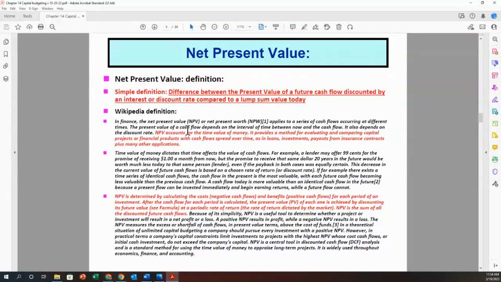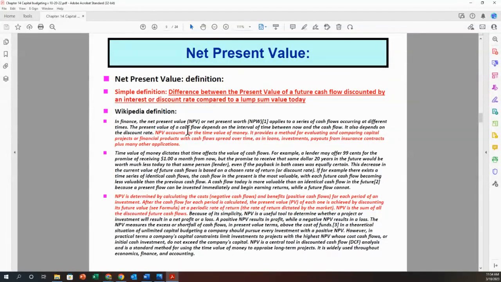Net present value accounts for the time value of money, provides a method for evaluating and comparing capital projects or financial products with cash flows spread over time, as in loans, investments, payouts from insurance contracts, and many other applications. So I want you to read this whole entire page. I'm not going to read it all for you, just the red stuff.